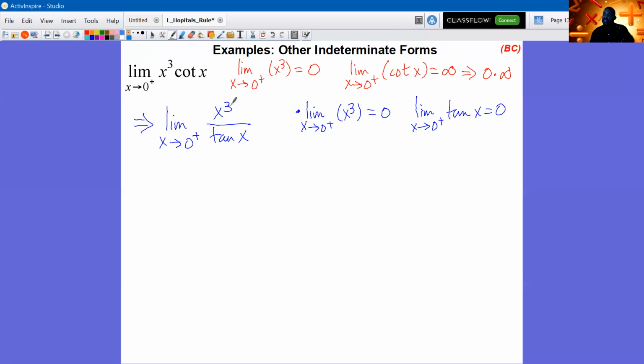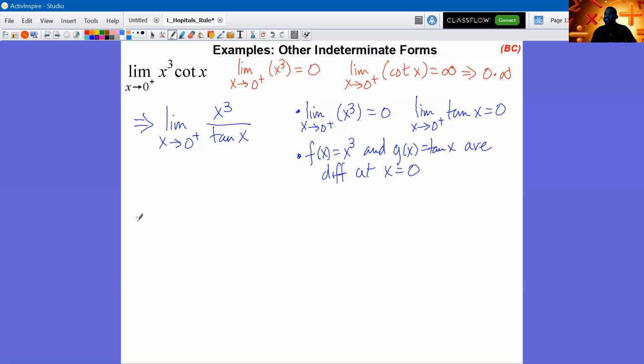I also need to talk about differentiability to use L'Hopital's rule. So let me also state that f and g are differentiable at x equals 0. So now I'm ready to use L'Hopital's rule.